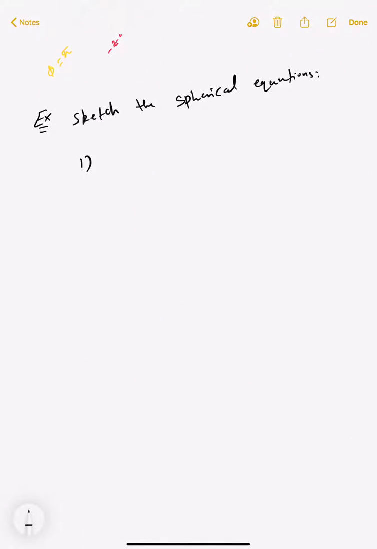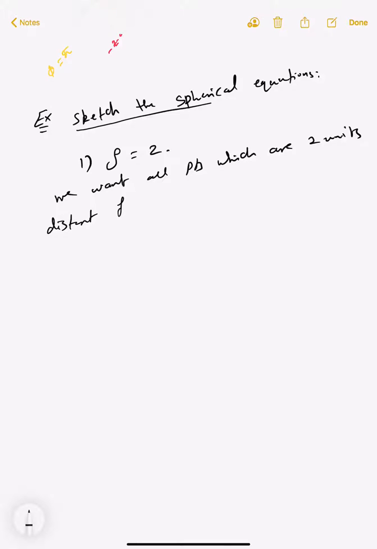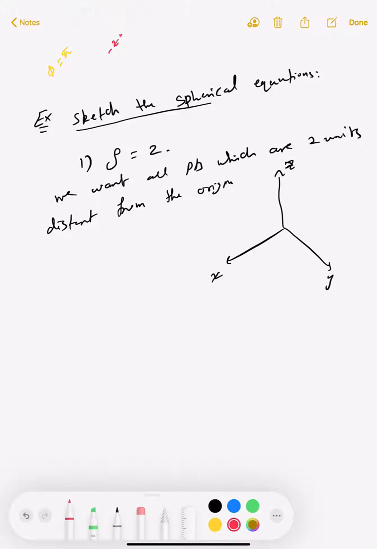So for example, if rho equals 2, what is that? Because rho is the distance, when we say sketch, we are looking for all points that satisfy this equation. So basically, we want all points which are 2 units distant from the origin. Imagine you draw the axes x, y, z, and you move in this direction 2 units, 2 units, 2 units.